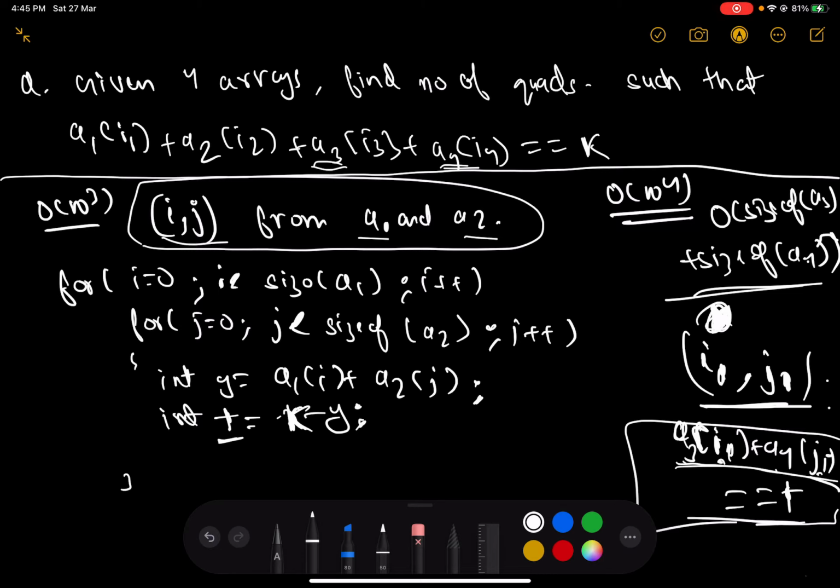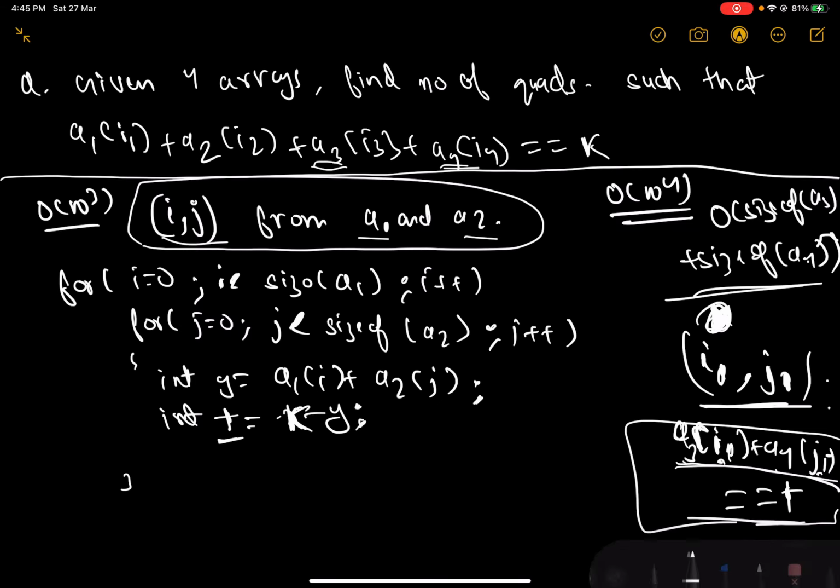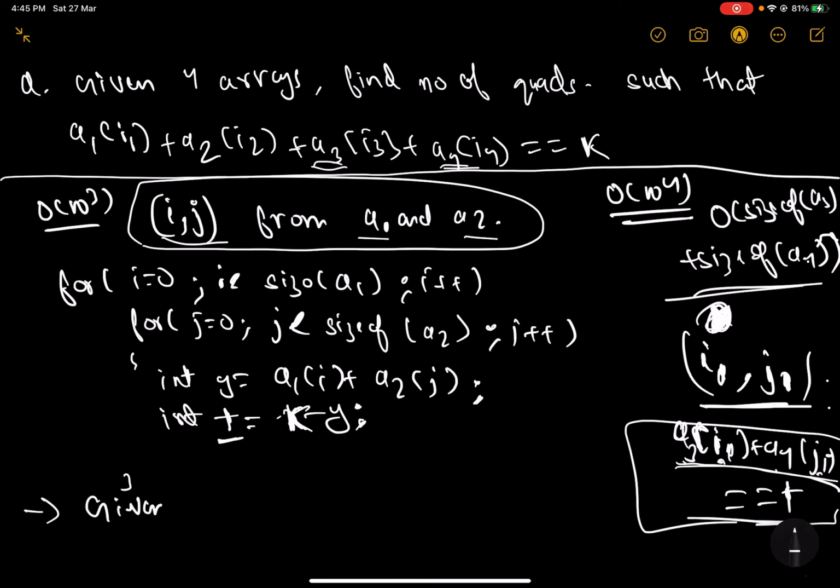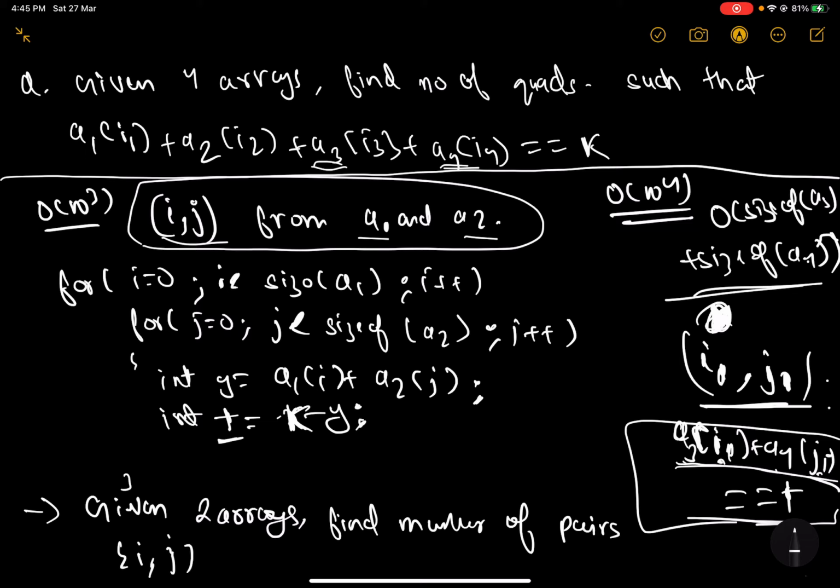The problem is, I'll just write it down for better explanation. Given two arrays, this is the subproblem that we need to solve: find the number of pairs i, j such that A1[i] plus A2[j] is equal to x.